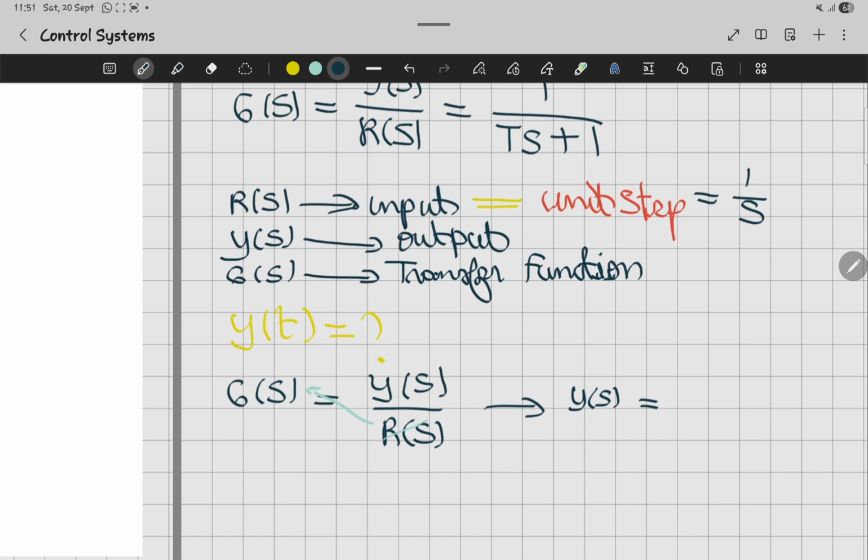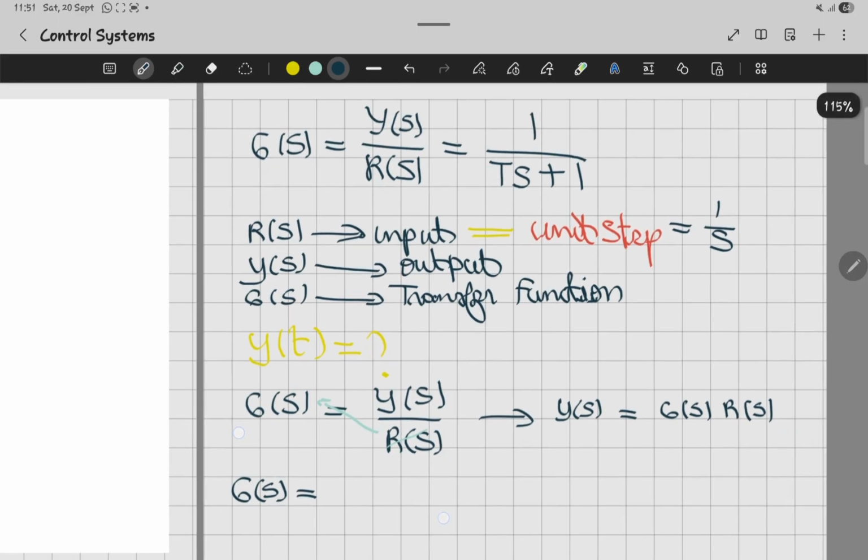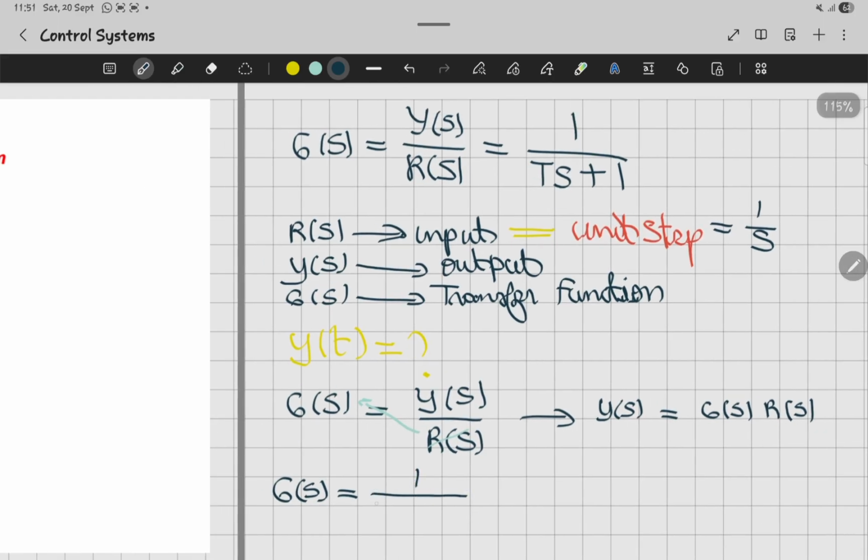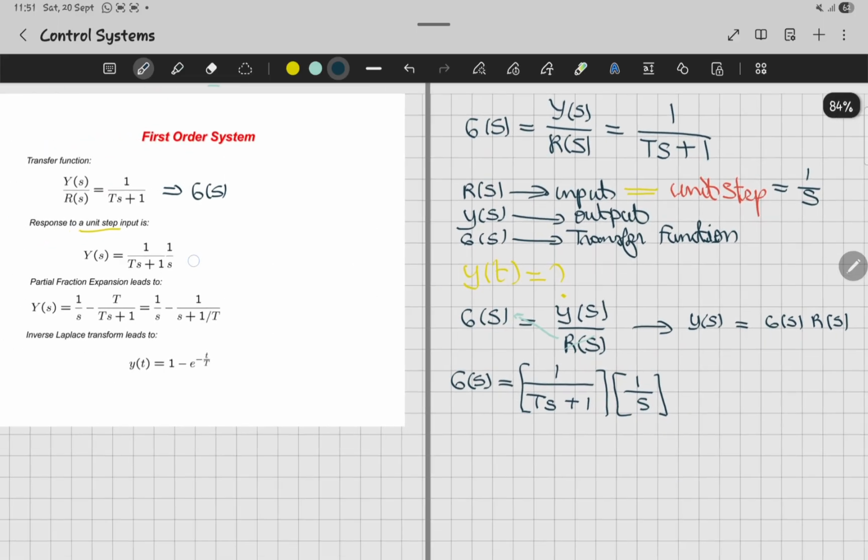You can move it there, so it's going to be the transfer function times Rs. The equation of the transfer function is this one times the input, and we have a unit step, so it's going to be 1 over s. So this is what you see right there.